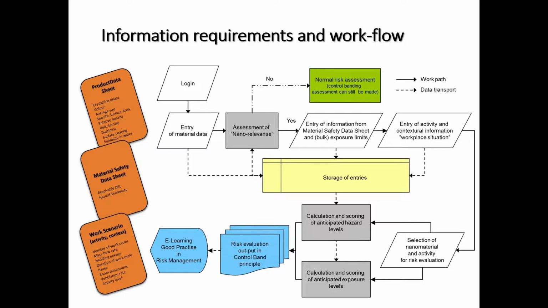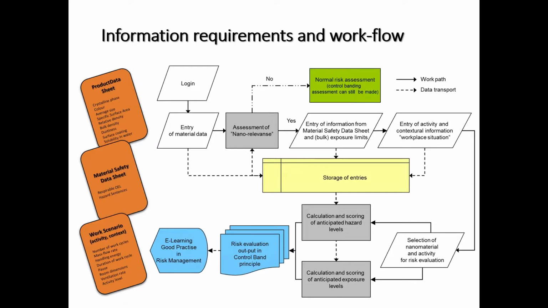And we are well aware that this material safety data sheet can be on the bulk material, and this is the way that the system is designed: per default it considers that the information on hazard comes from bulk materials, but there's also a possibility to enter nano-specific data if that should exist. And then, of course, you are expected to know the work scenario that you're going to assess, and that should usually be possible in any production facility as well as in the lab, because you know quite well what you're supposed to do in the lab.